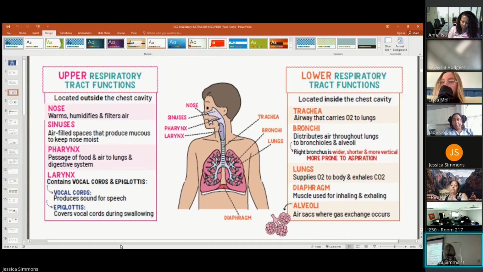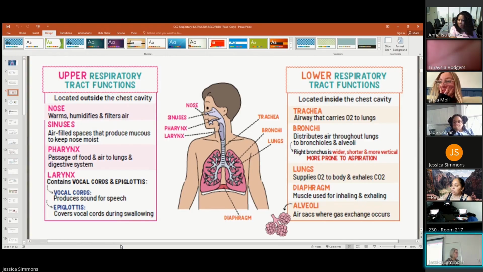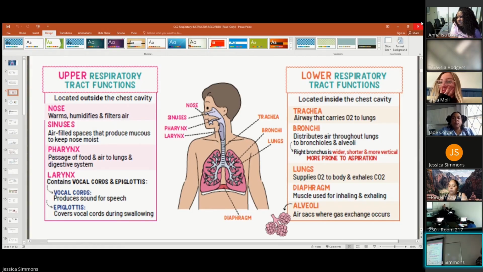And then we have the alveoli, which are air sacs where gas exchange occurs. Do you remember there's a word, it starts with an S, and it is responsible for lubricating the alveoli? Yes, surfactant. Surfactant, yes. That just made me so happy.